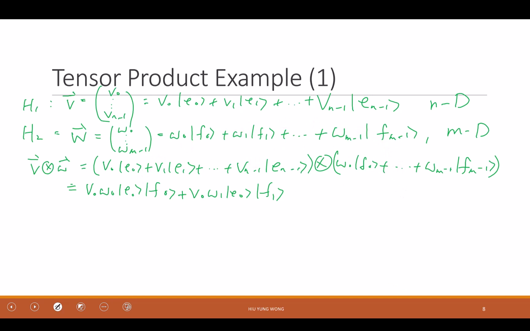I will repeat this until V0 Wm minus 1, E0 Fm minus 1. Okay? Do the last one, V0 Wm minus 1, right? And then I do the second term, which is V1 W0, E1 F0. And then I continue until the end. I will do the last term, Vn minus 1 Wm minus 1, En minus 1 Fm minus 1.